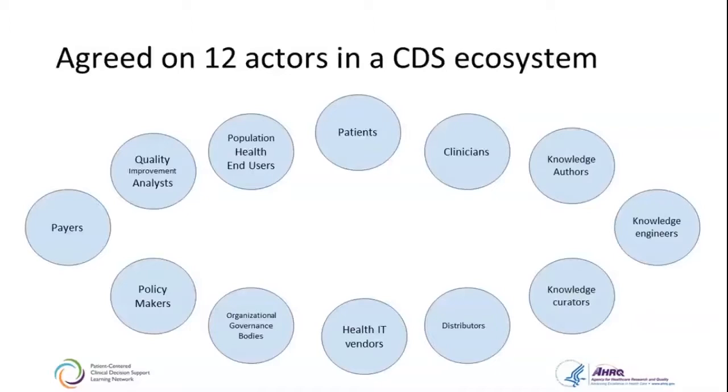As a group we agreed that there were 12 actors. These include patients and clinicians. There are also those on the knowledge side, those who author or do the translation process that I described earlier in the overview slide.